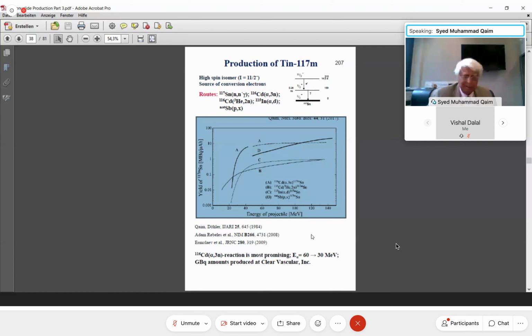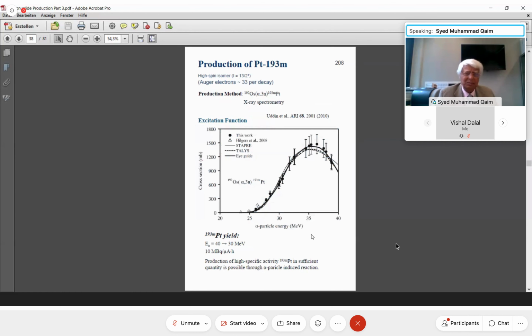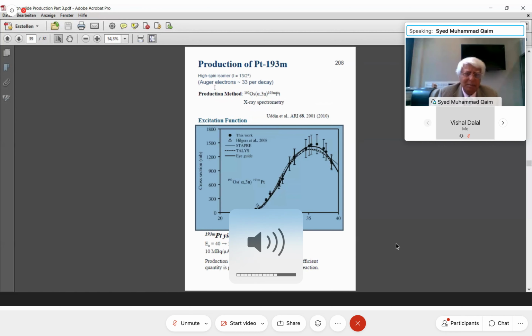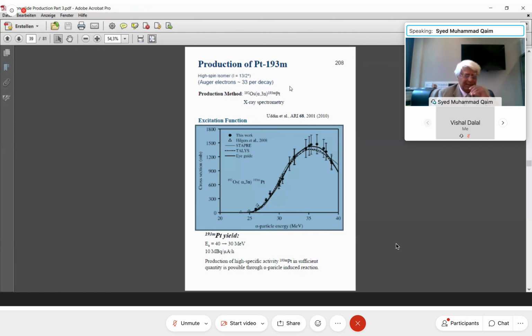I come to another radionuclide, platinum 193m. This is again like tin 117m. It's also a high spin isomer. The spin is 13/2, and it emits Auger electrons.